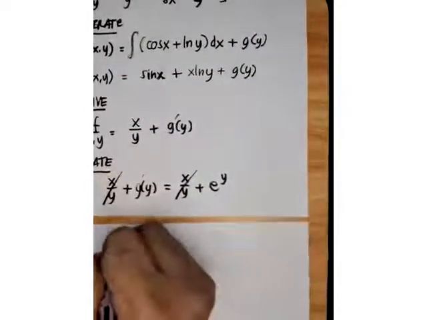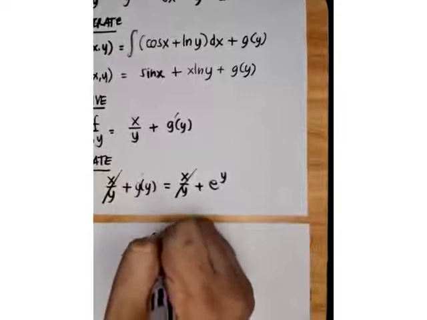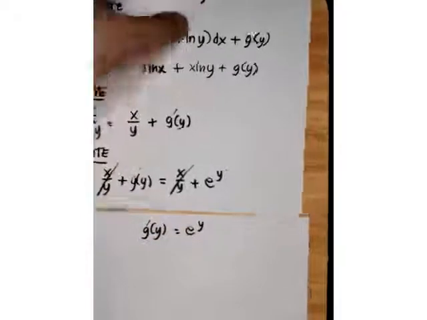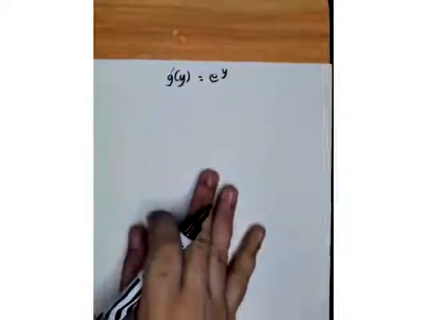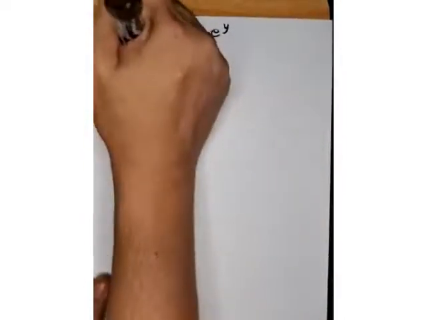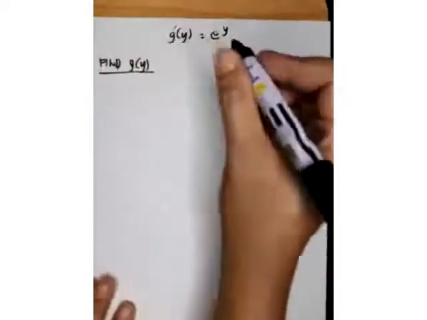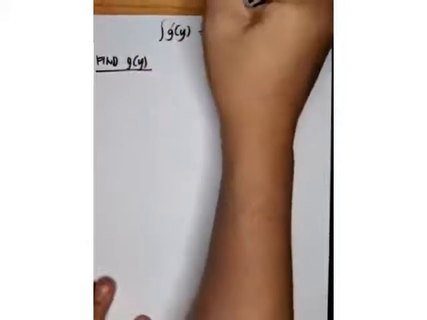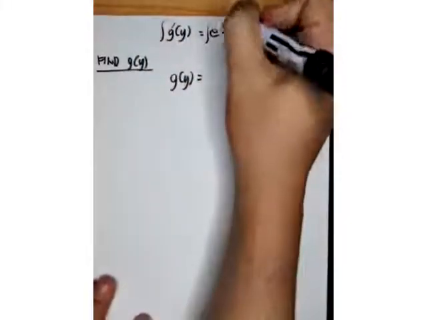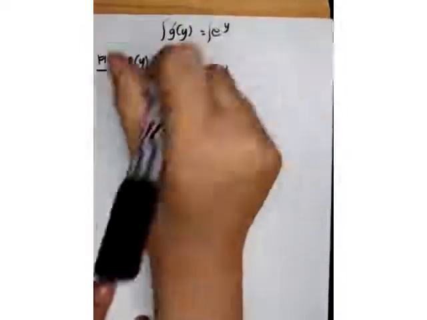So ang g of y prime natin is e raised to y. Okay, now let's find the value of g of y. Galing siya sa g of y prime, so ang gagawin natin is we integrate g of y prime. So ang integral ng e raised to y is also e raised to y.